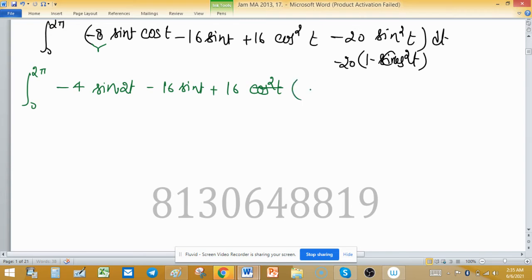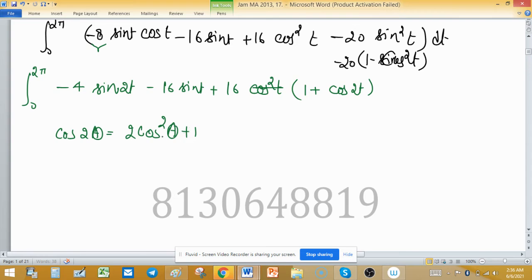How to use cos squared? Cos 2 theta is 2 cos squared theta minus 1.